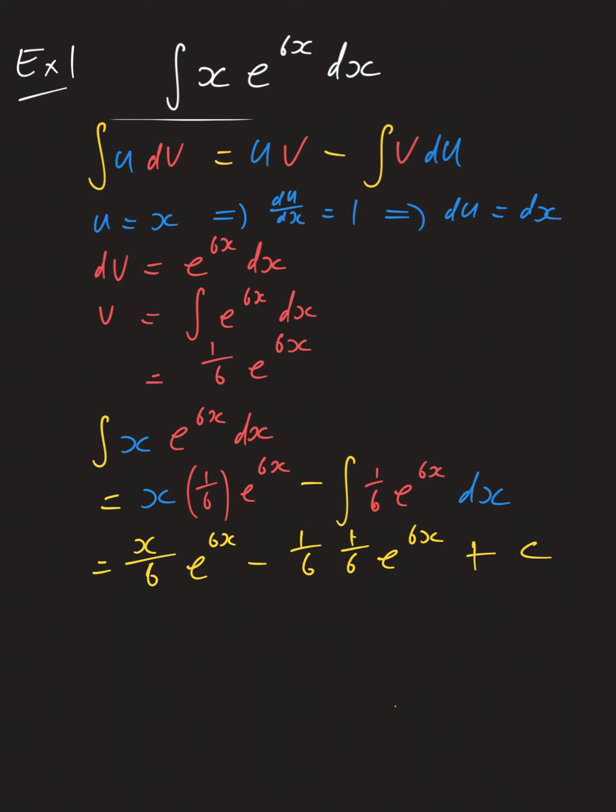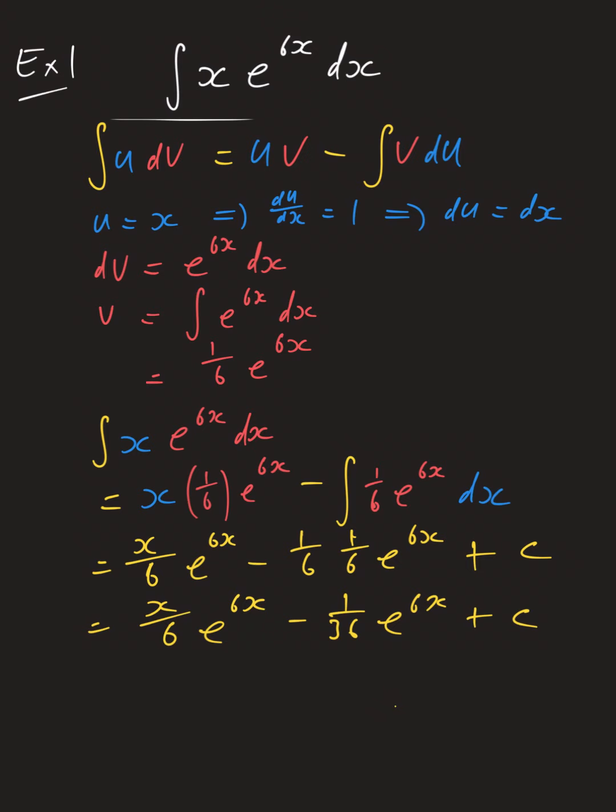So at this point I'll put in my arbitrary constant. I could have put one in when integrating dv, but it just would have been an extra one added on. So that's equal to x over 6 times e to the power of 6x minus 1 over 36 e to the power of 6x plus c. And that is integration by parts.